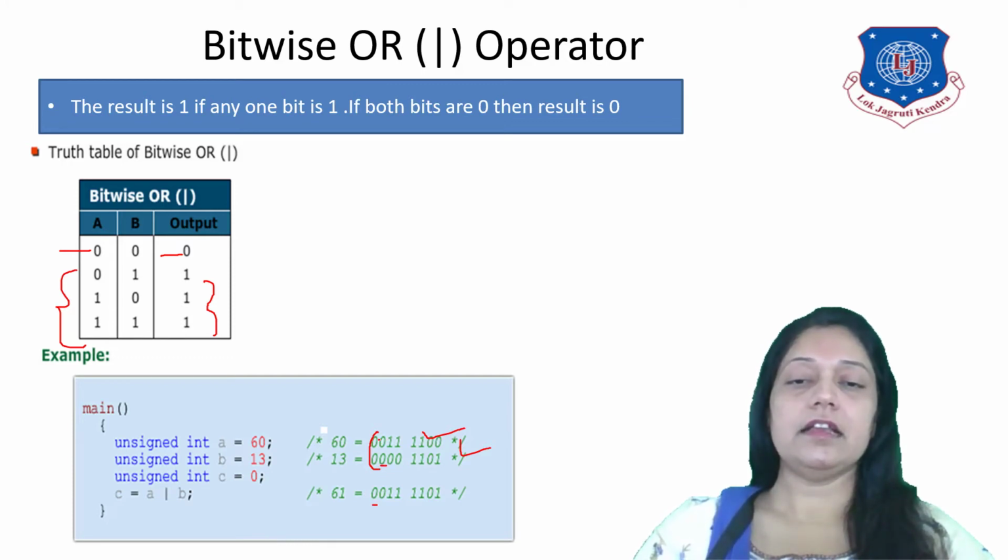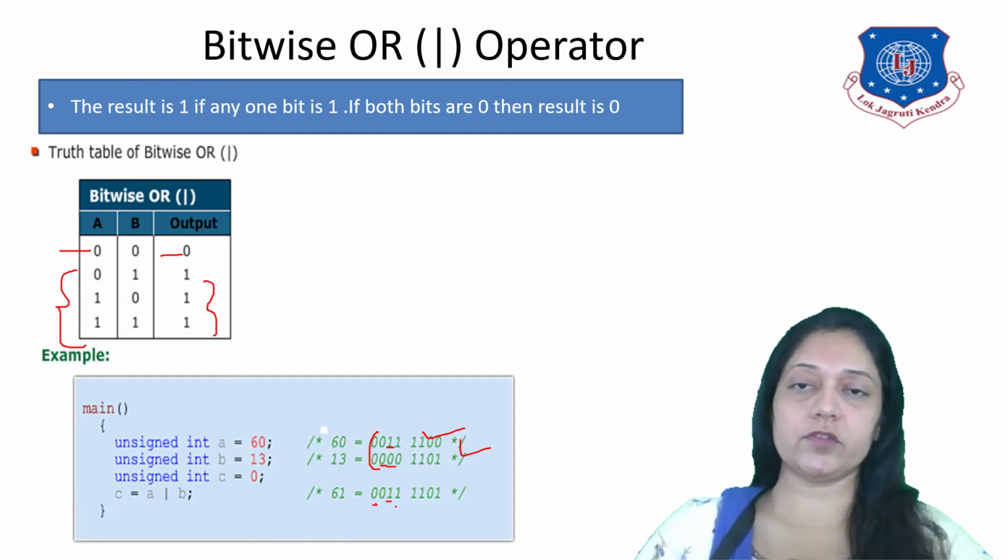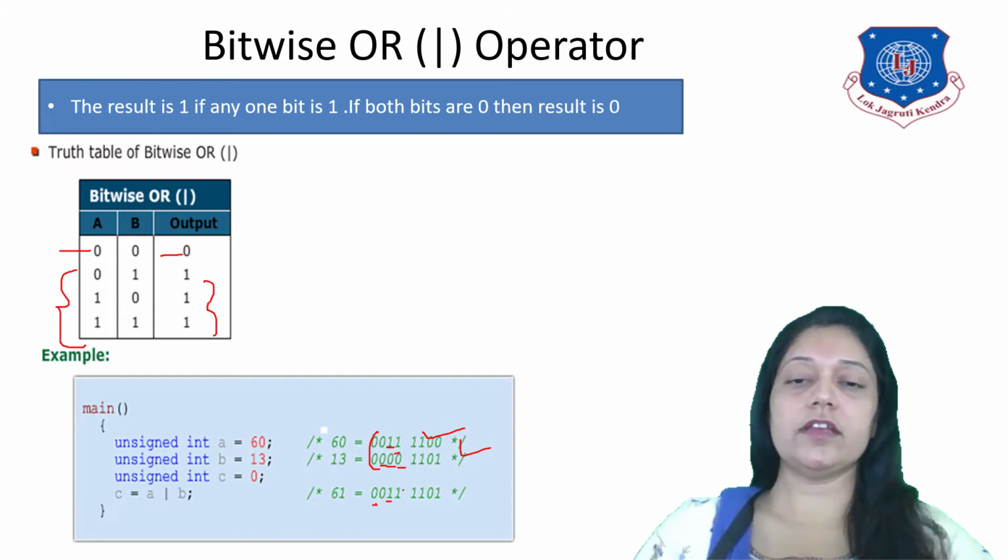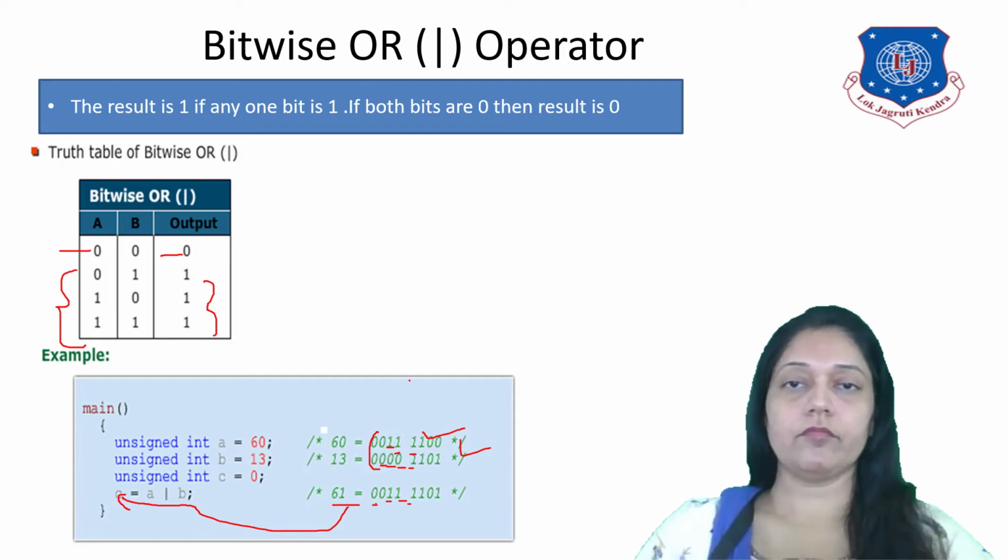The second bit is again 0, 0, so it is 0. The third bit is 1 and 0, so if any one bit is 1, the output is 1. Similarly, 1, 0 gives 1, and 1, 1 gives 1 since both bits are 1, and so on for the rest. So we get the value 61, which is stored in the variable C.